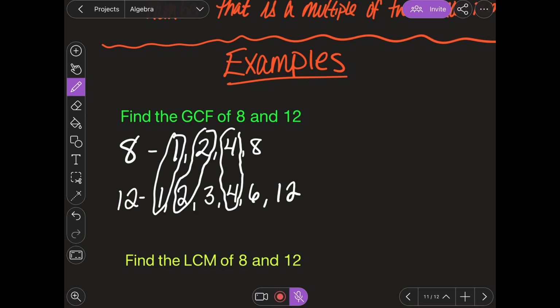But for our problem, we are looking for the GCF, the greatest or the largest common number that 8 and 12 share in common. That is going to be 4. So our GCF between 8 and 12 is 4. All right.